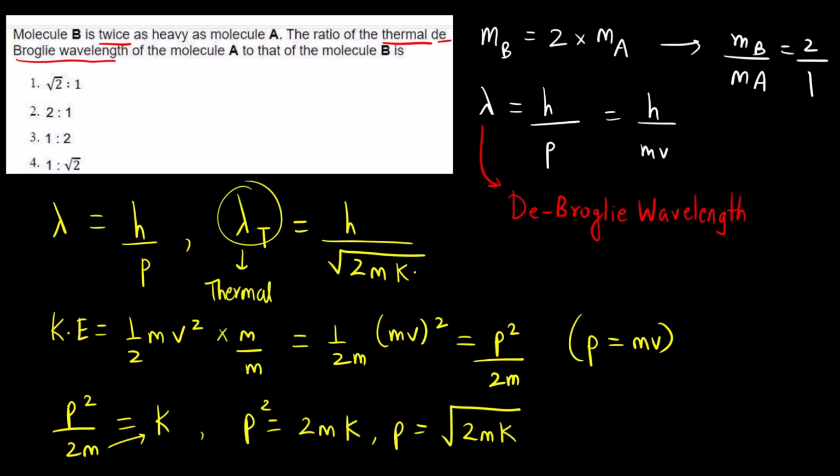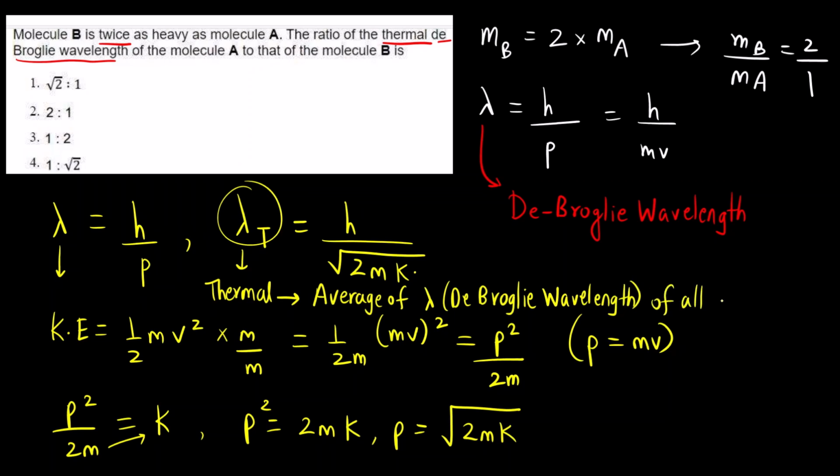So what is the difference between De-Broglie wavelength, this lambda, and thermal De-Broglie wavelength? Thermal De-Broglie wavelength is the average of the De-Broglie wavelength of all the gas molecules.